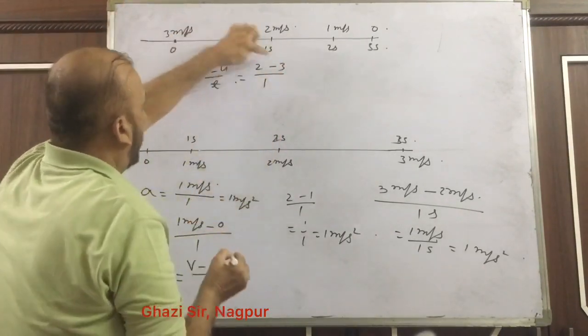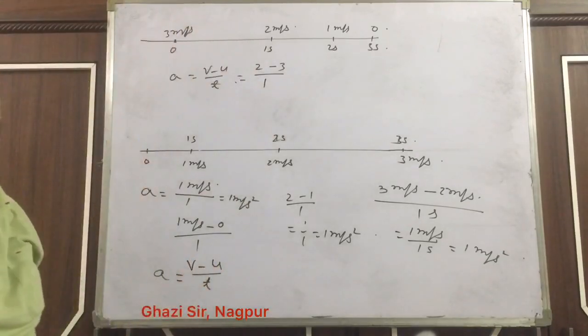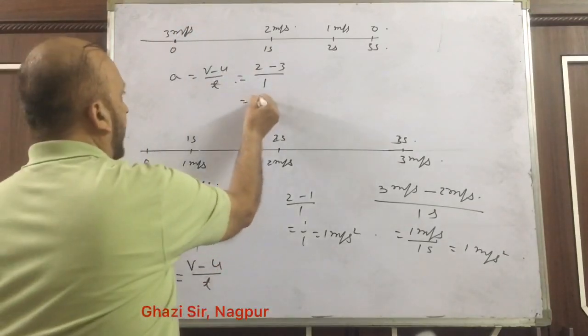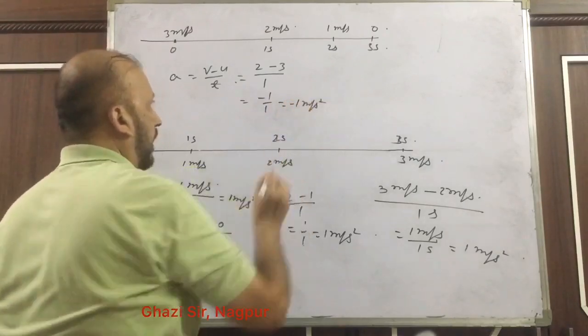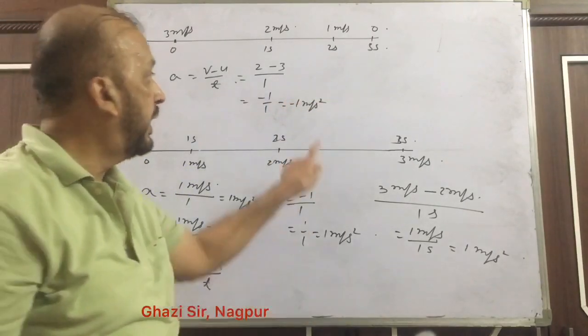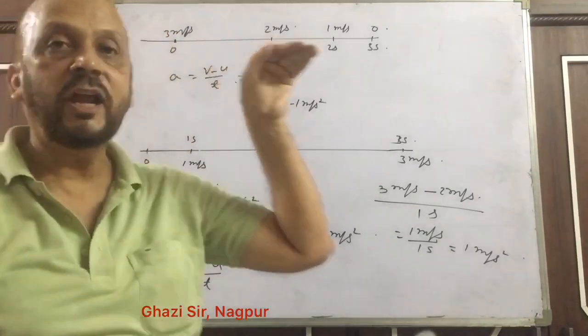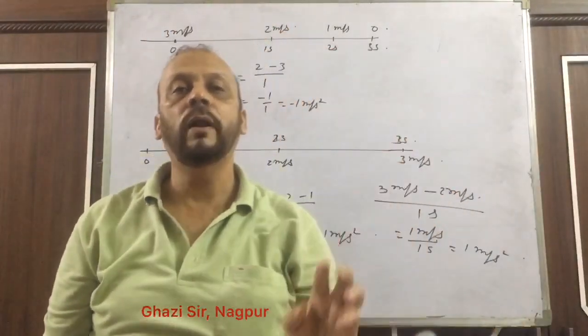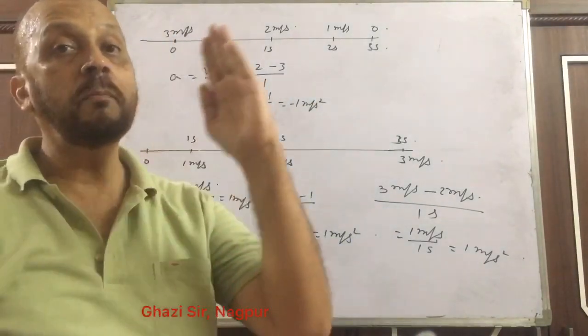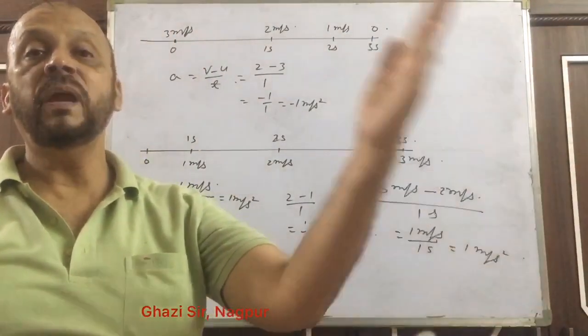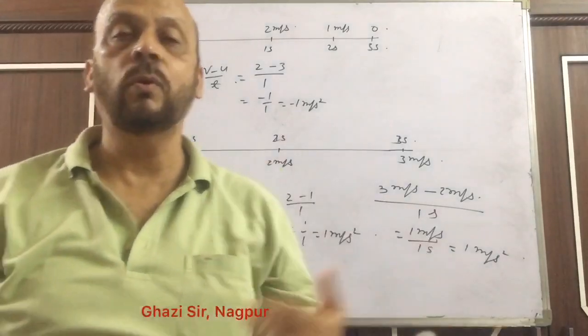Time is 1 minus 0, that is 1 second. So this is equal to minus 1 upon 1, that is equal to minus 1 meter per second square. Now negative sign means it is a negative acceleration, also called retardation. So acceleration may be positive, may be negative, and may be 0.